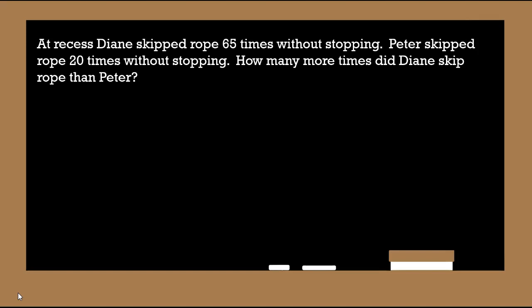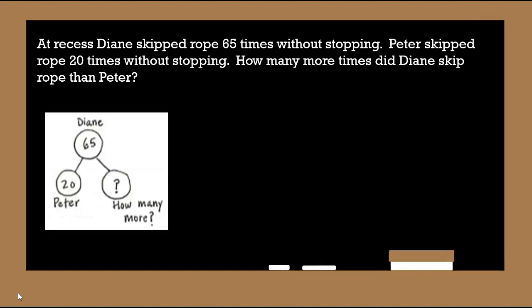Alright, let's compare answers. So you could have drawn a number bond to help you solve this. Diane skipped 65, so we put 65 in, and we know that Peter skipped 20, so we put 20 in.